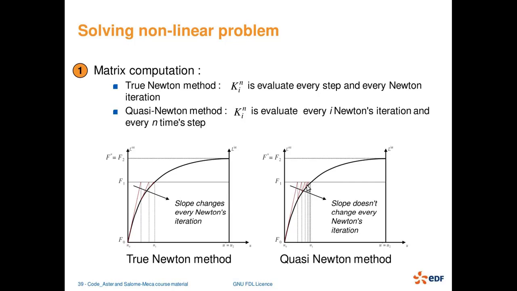So that is how Newton's method is modified, and those are called quasi-Newtonian methods. One such method is the Newton-Krylov method. There are other methods as well. So this is how we may avoid this costly tangent matrix computation. We may reduce it.